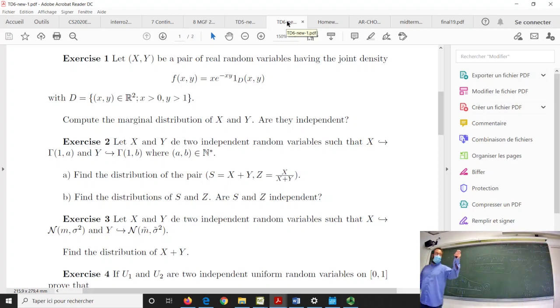And now, a priori, I have to find the distribution of the components. So, a priori, I need to compute integral with respect to S and integral with respect to Z. It's not what we are going to do, because, in fact, here I recognize someone. Not exactly, but not very far. So, what do you recognize?